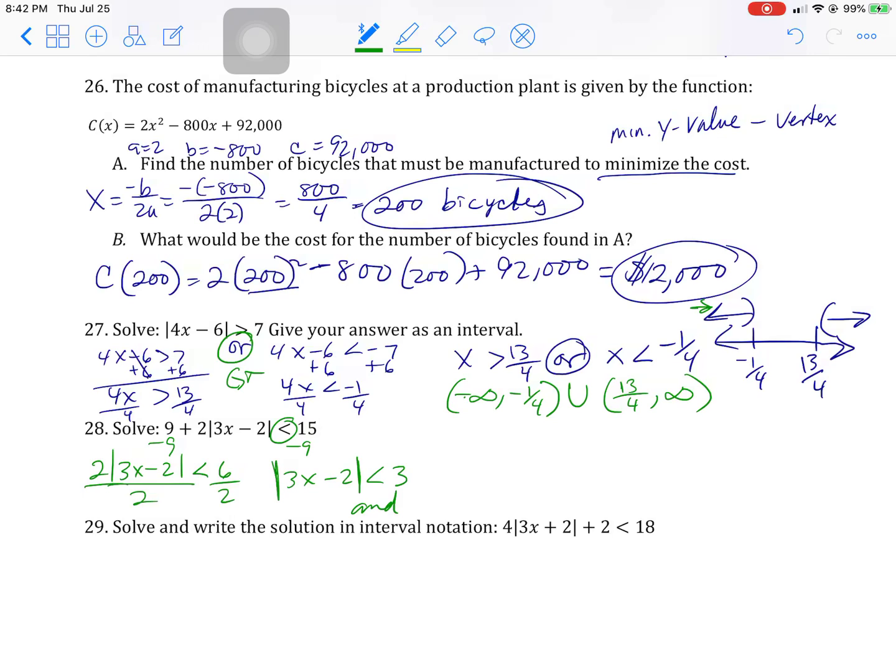So we're going to write that twice. Remove the absolute value bars. Because it's an and, we want to add a second symbol here.